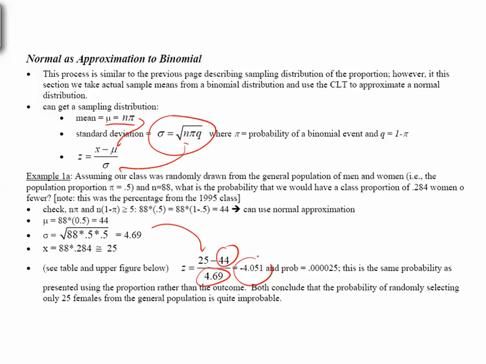Notice that our z-scores are identical, and taken to a normal distribution table, we get the same probability of getting 25 females out of a class of 88, where we expected 44. So this is the same probability as presented using the proportion rather than the outcome. Both conclude that the probability of randomly selecting only 25 females from the general population is really quite improbable, less than 1/100th of 1%.